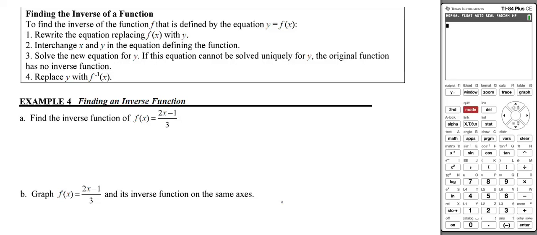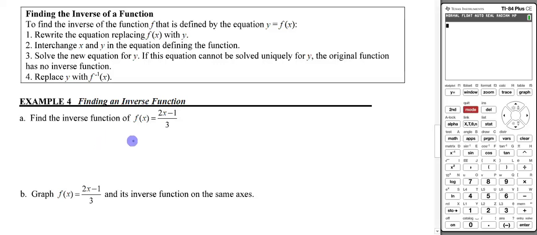So everywhere you see an x, you write a y. Everywhere you see a y, you write an x. In the next step, we solve for y to make our new equation. In step 4, we replace y with the notation for inverses, which is f inverse of x.